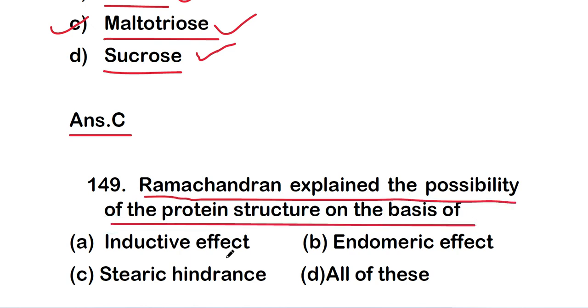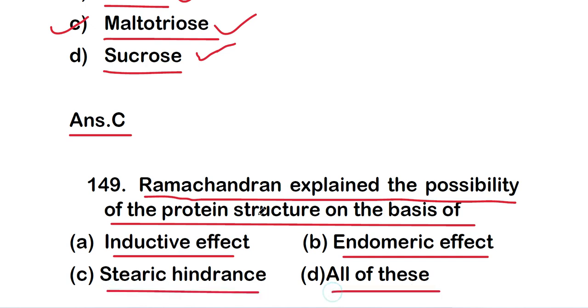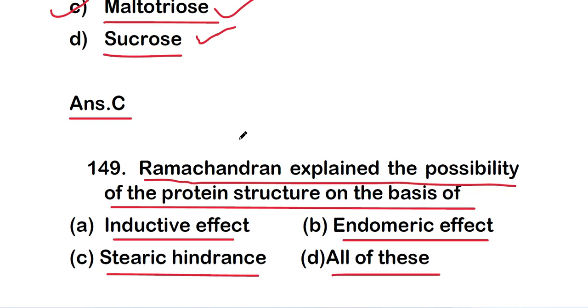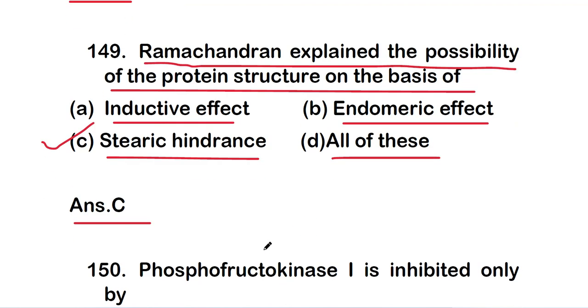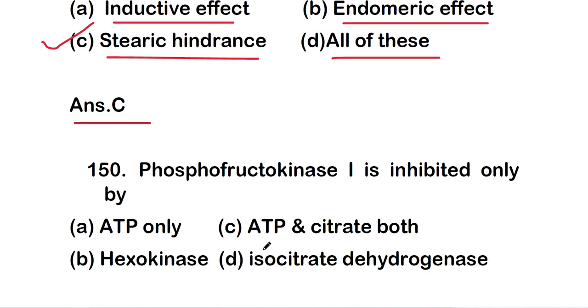Okay, so let's move on to question number 149. Ramachandran explained the possibility of the protein structure on the basis of option A inductive effect, option B electromeric effect, option C steric hindrance, option D all of the above, and the right one is option C, that is steric hindrance. So the Ramachandran plot explained the possibility of protein structure on the basis of steric hindrance. So let's move on to question number 150.